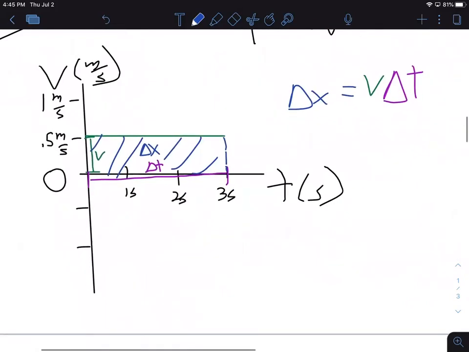So I can see if I'm going at 0.5 meter per second for, let's say, 2 seconds. So I'm only worried about the area up to 2 seconds. 0.5 meter per second for 2 seconds, I go 1 meter. And that would be the area here. 2 times 0.5 would give me a delta x of 1 meter.